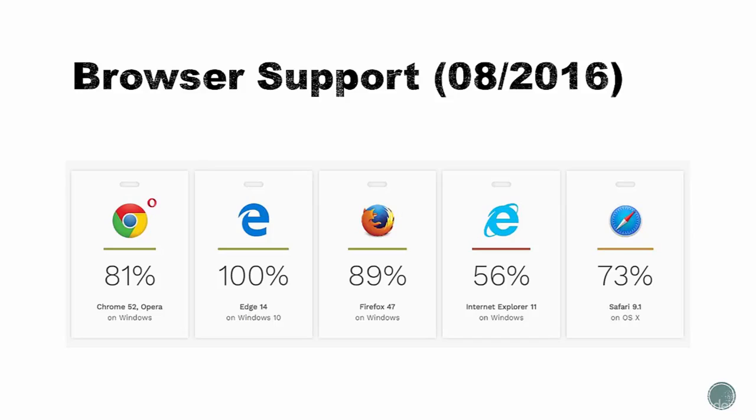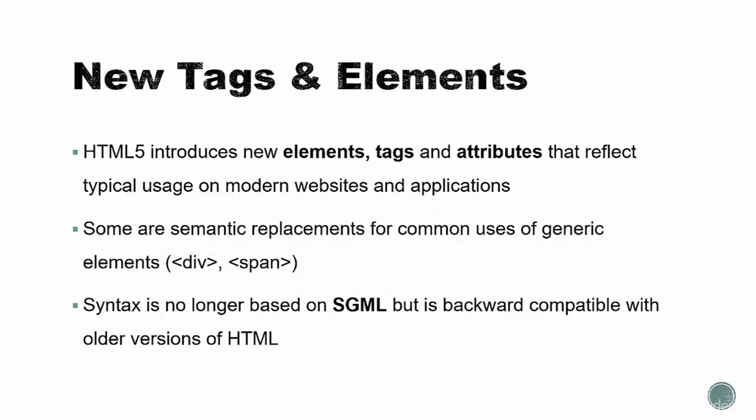As far as my preference, I use Google Chrome 99% of the time. You can see that Microsoft Edge has 100% compatibility, but I have little to no experience using Microsoft Edge. In my experience, most developers tend to use Chrome or Firefox, which would be my second choice.